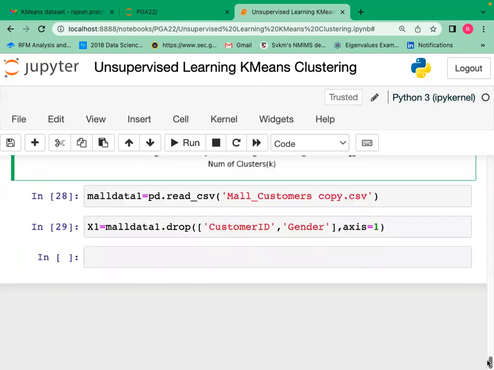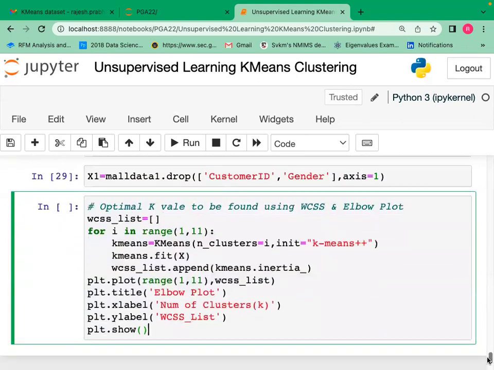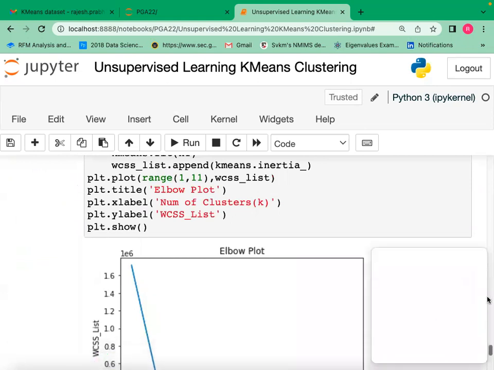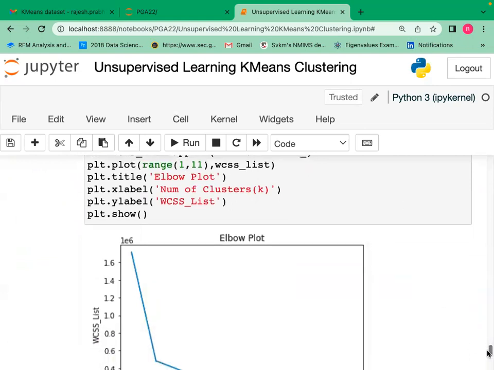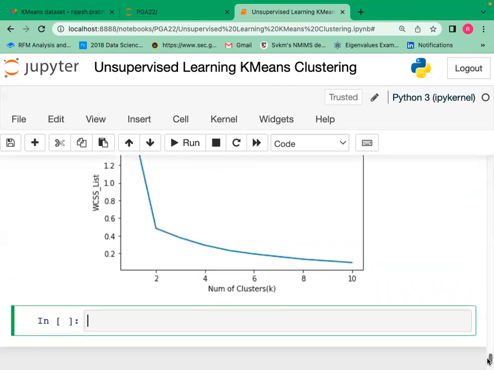I will copy the elbow plot code again, and here I'll change the X to X1. If you look at X1 now, you can see there is a bend at 5. 5 clusters would be better.